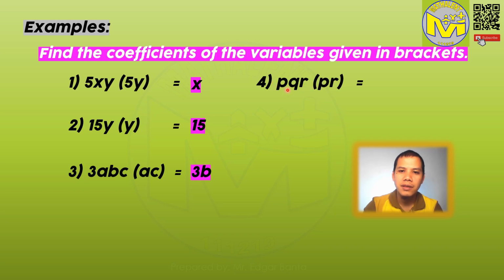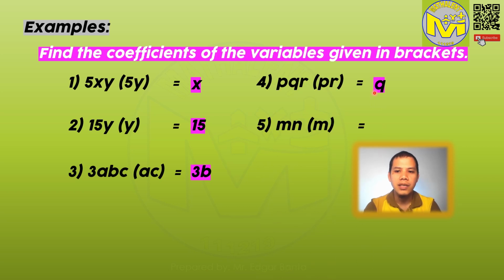What is left? q, right? So the coefficient of pr is q. Number 5, in mn, the coefficient of m is, obviously, n. Or if I put mn in the bracket, what is the coefficient? What do you think? It is 1.